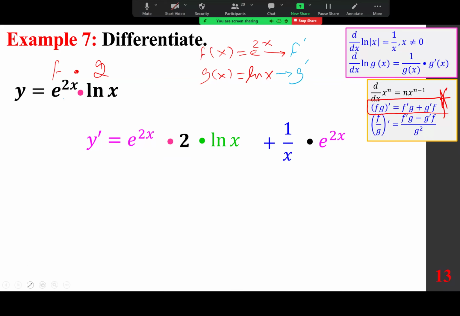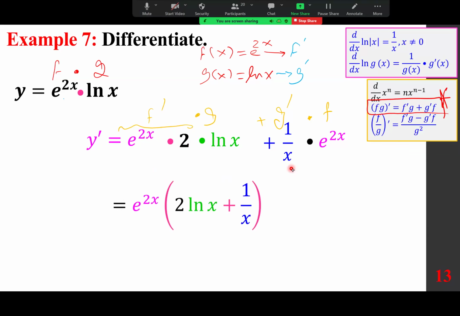In other words, you have f prime here times g plus g prime here times f. You take a common factor of e to the power of 2x out. This gives you 2 ln x. This gives you 1 over x. And we're done.